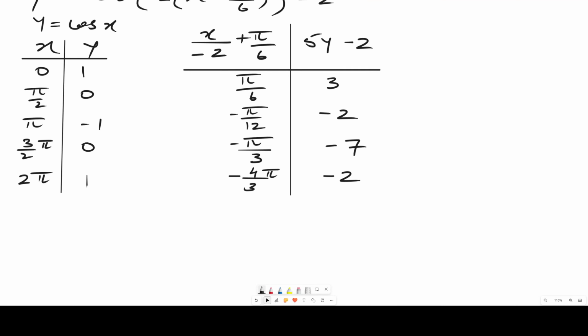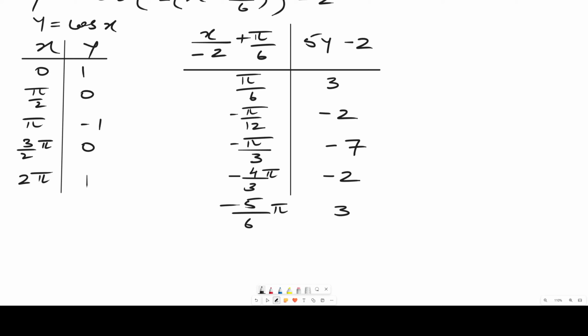And for my last value, which is 2 pi, 2 pi divided by negative 2 will just be negative pi, plus pi over 6, which would be negative 5 over 6 pi. And then for that, it's just going to be 3.